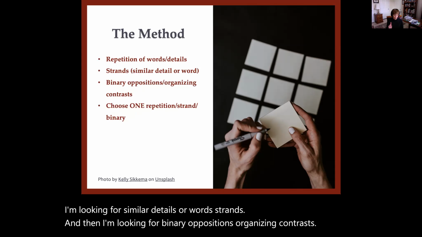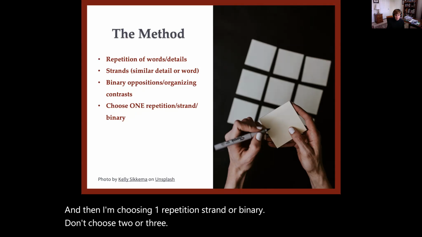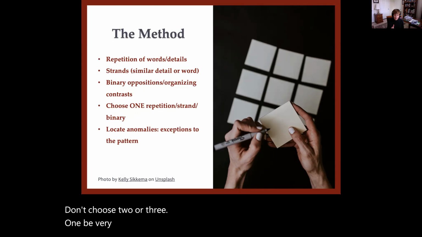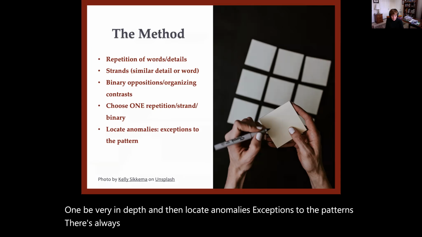And then I'm choosing one repetition, strand, or binary. Don't choose two or three, one. Be very in-depth. And then locate anomalies, exceptions to the patterns. There's always exceptions. Look for those.